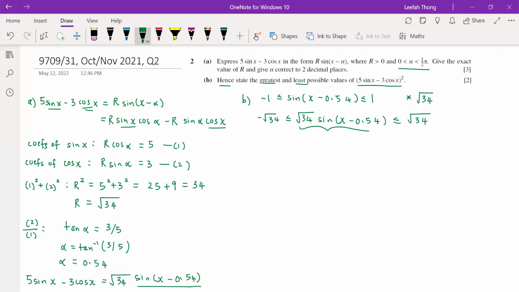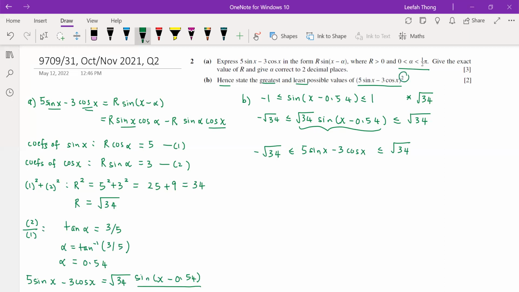But this is actually 5 sine x minus 3 cos x. So 5 sine x minus 3 cos x has a minimum value of negative square root of 34 and a maximum of square root of 34.